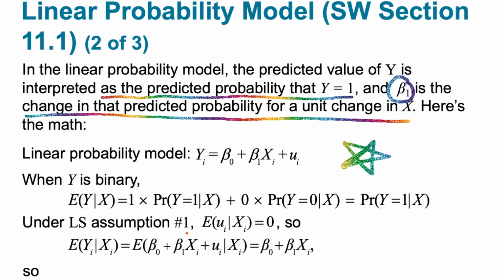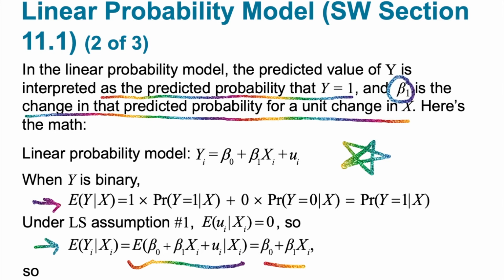Under the least squares assumption number 1, the expected value of u given x is 0, which tells us that this line, the expected value of y given x, for all observations i equals 1 through n, can be described by this expectation, which simplifies to beta naught plus beta 1 times x_i.